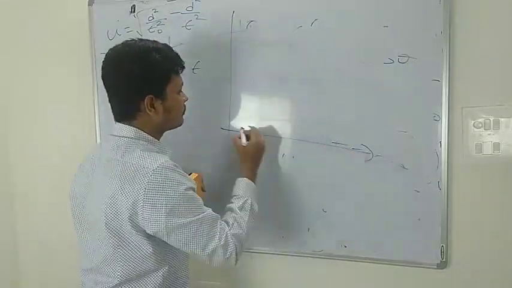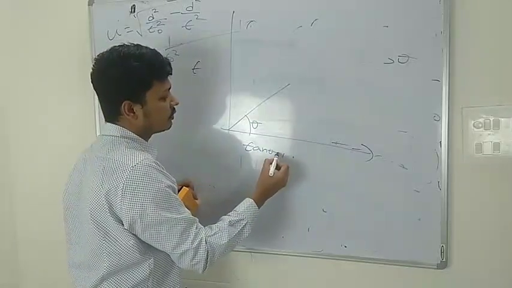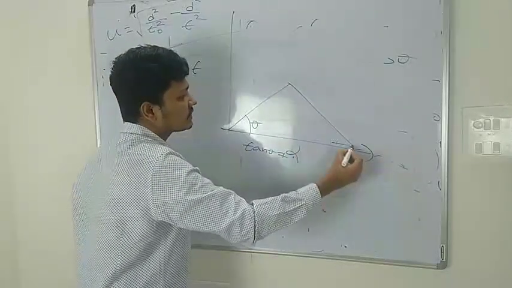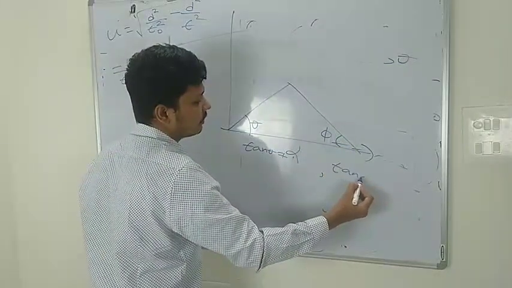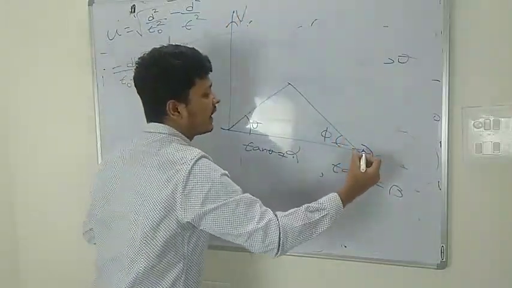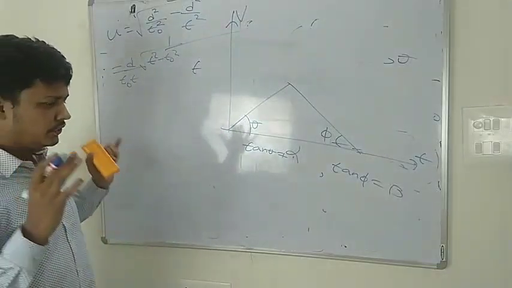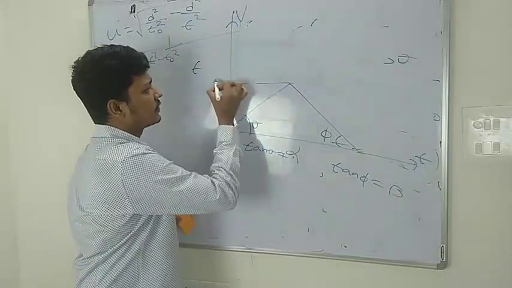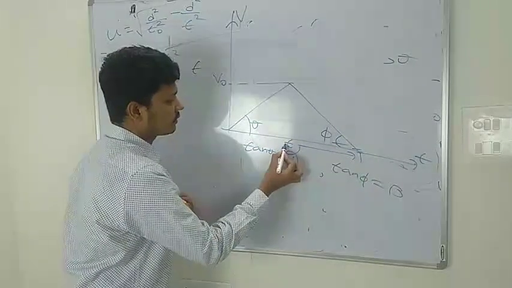So a car is moving with a constant acceleration, tan theta is equal to alpha, and again it is going such that this is phi, tan phi is equal to beta. This is a velocity-time curve. Now here let's say the maximum velocity is v naught, total time is t.